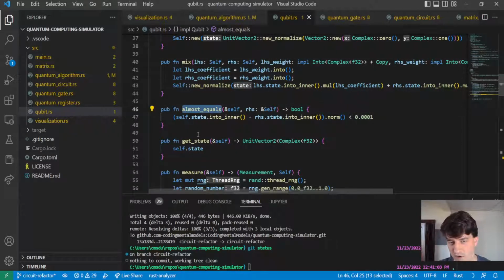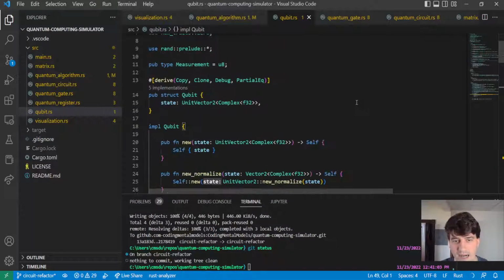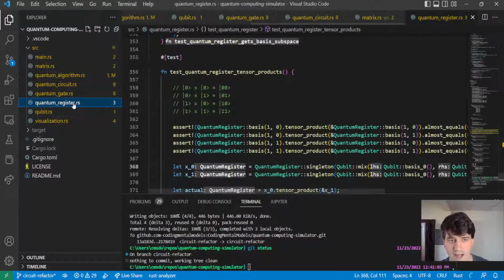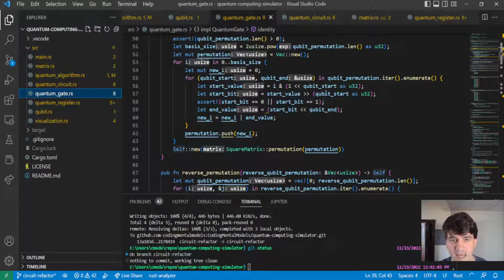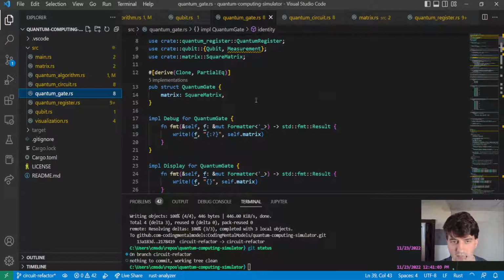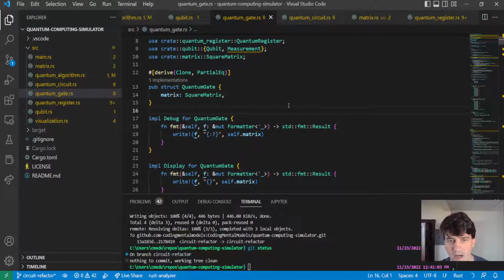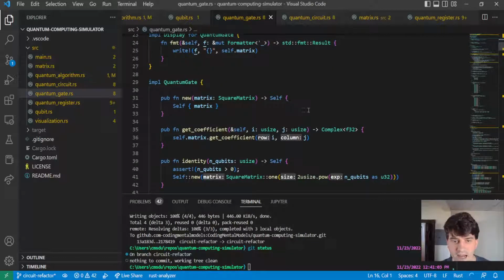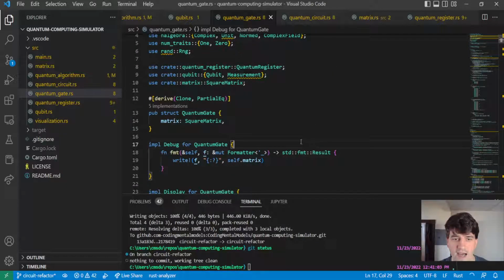So, I have an almost equals method for my qubit that knows how to check another qubit and compare it. And so qubit is one class. I have other ones like quantum register, quantum gate, and they have the same kind of thing going on. They have some members associated with them, and some functions associated with them.